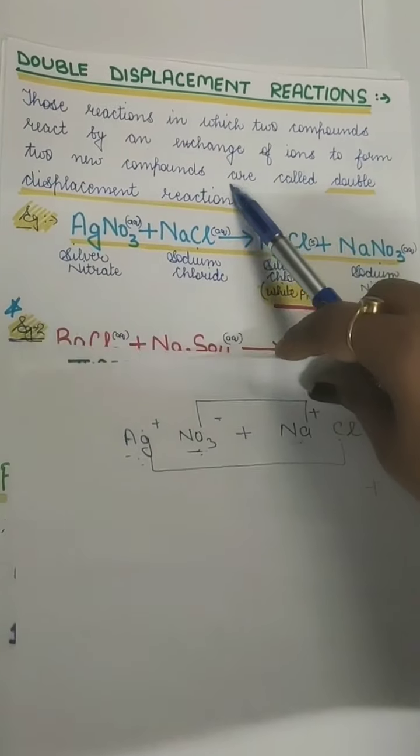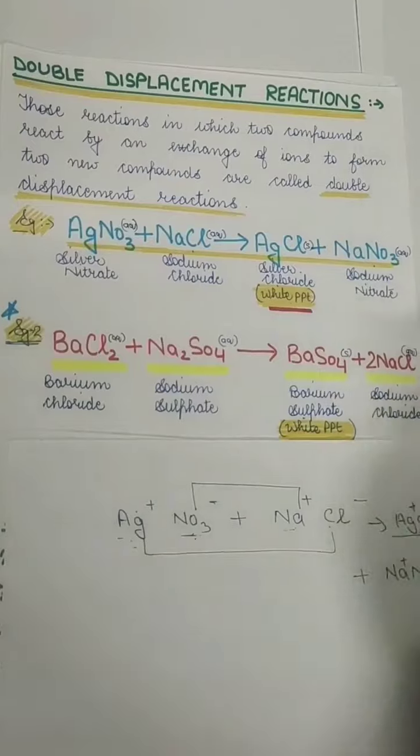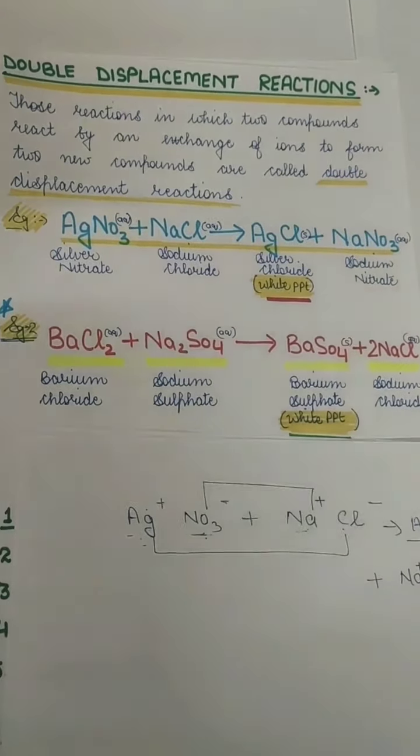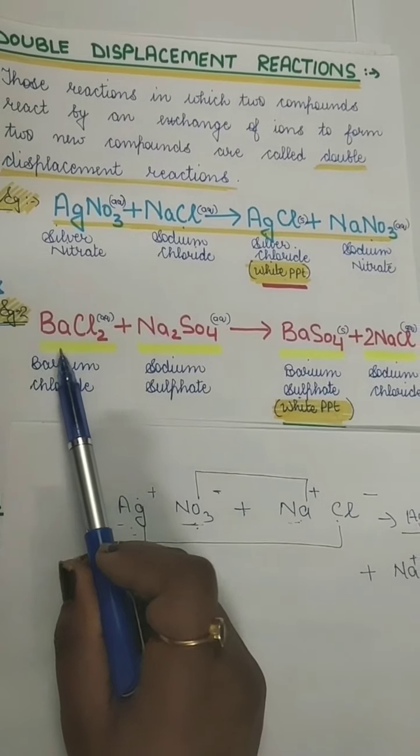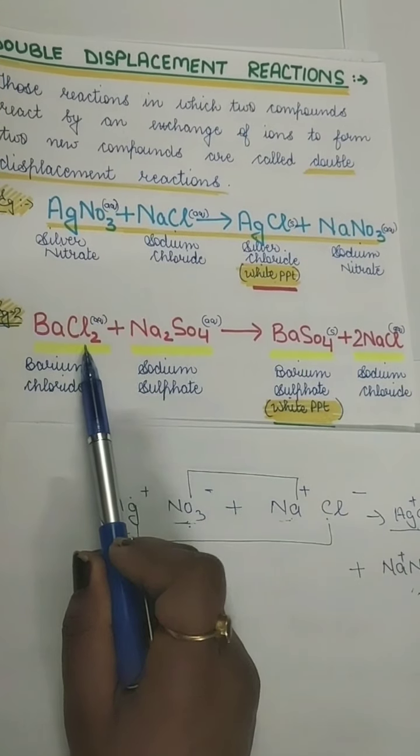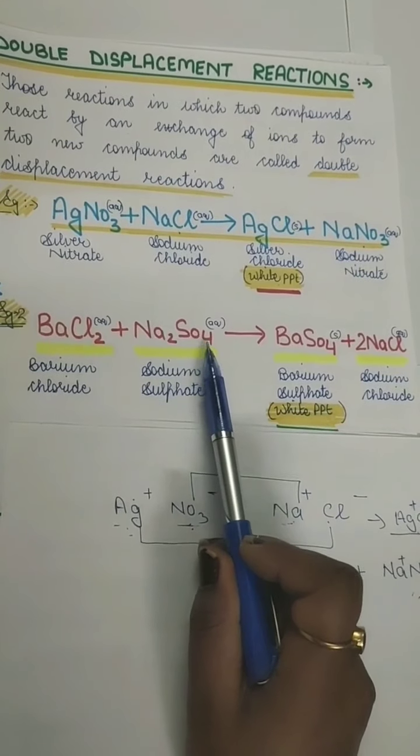Next example would be, this is a very important example. I've seen this question coming almost many times in the board exams. Now barium chloride, BaCl2, combined with Na2SO4.